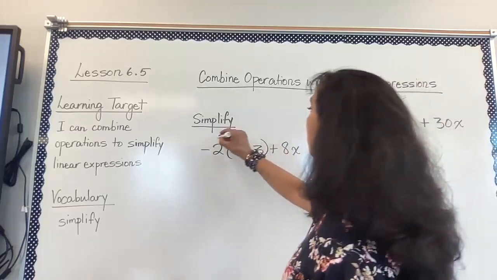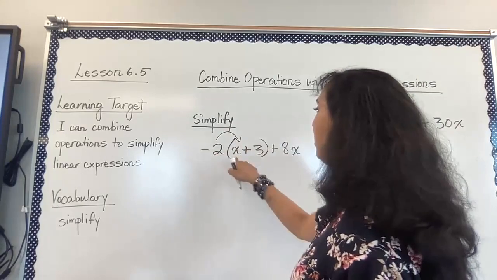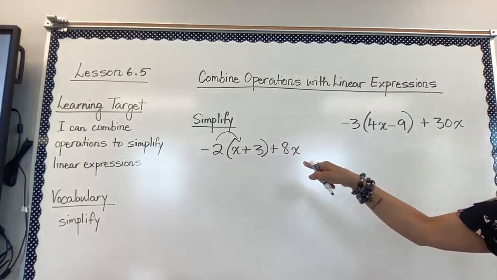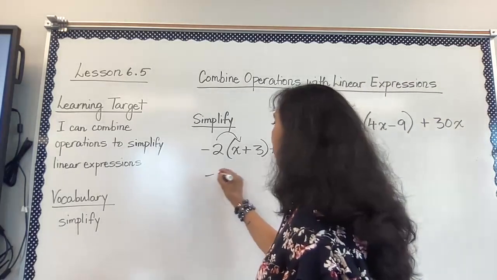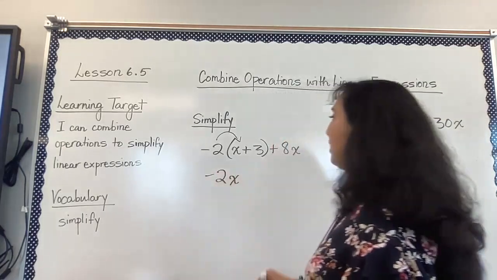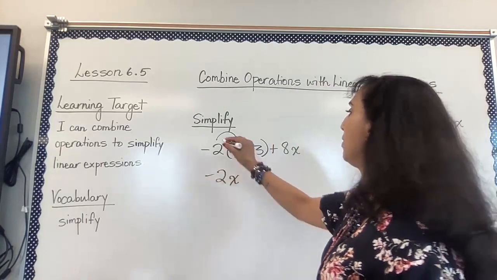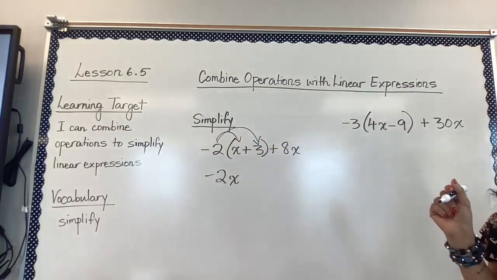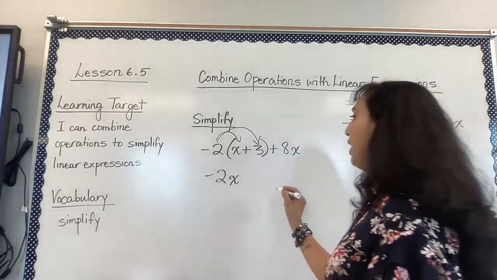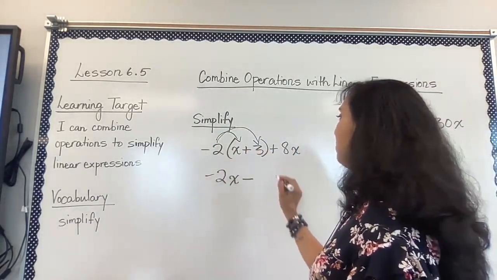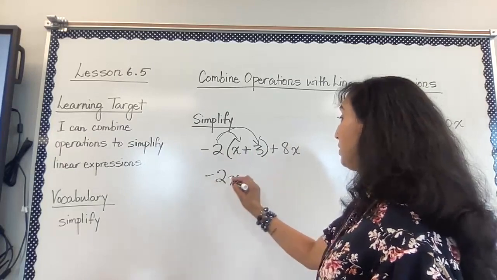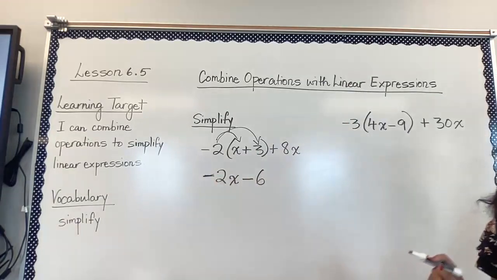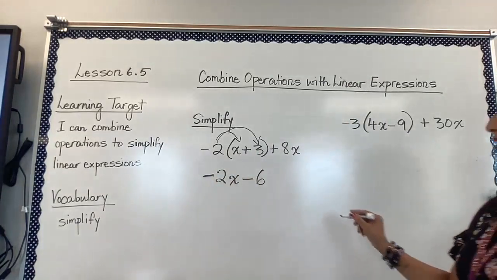Negative 2 times x: positive times negative gives me negative 2x. Then negative 2 times positive 3: opposite signs, so I get minus 6. And then I have plus 8x.